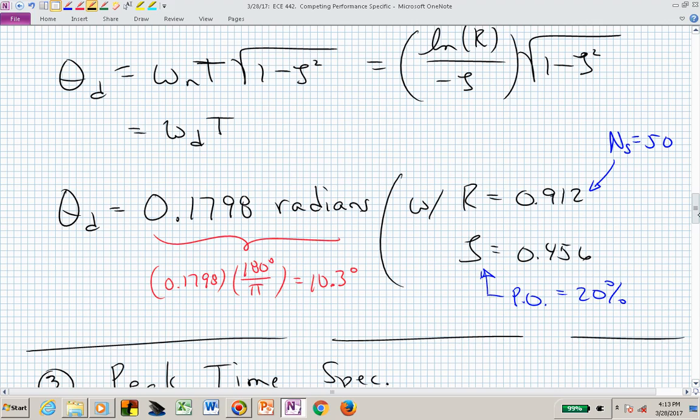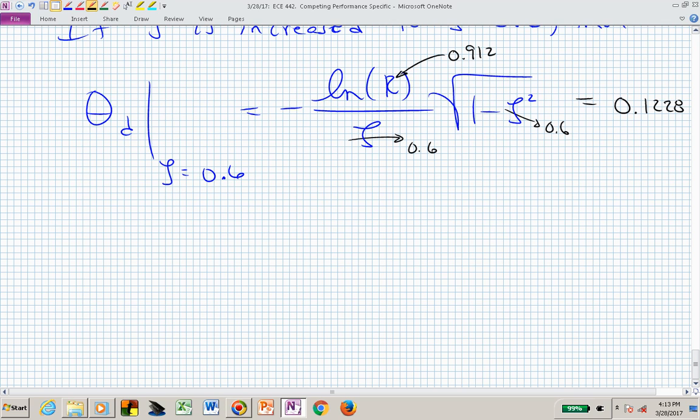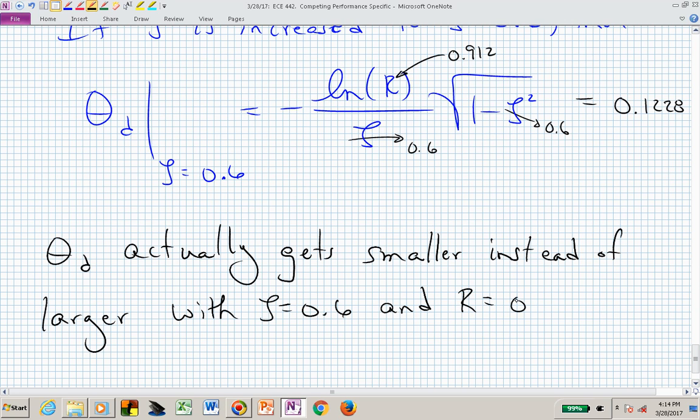So we can see that we went from 0.18 to an angle of 0.12. So in fact, our angle is getting smaller instead of larger as we increase zeta. Or theta sub d actually gets smaller instead of larger, with zeta equal to 0.6 and r equal to 0.912.